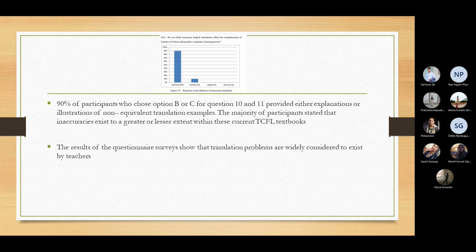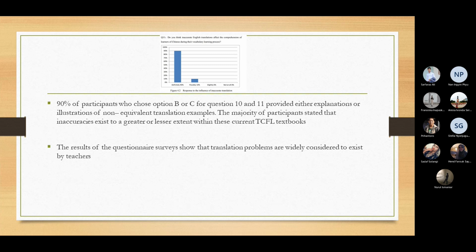The figure of the percentage and the result of this question is in front of you: 90 participants chose option B or C for question 11, and questions 10 and 11 provided the explanation and illustration for the non-equivalent translations. And the majority of the participants stated that inaccuracies, that is, mistakes, exist to a greater or lesser extent within their TCFL textbooks.